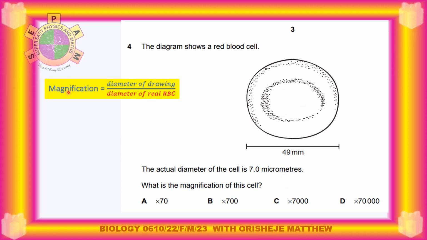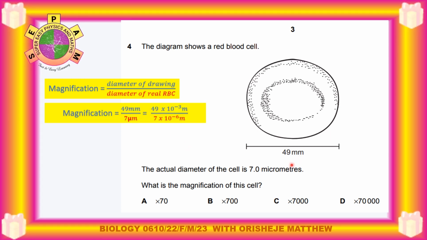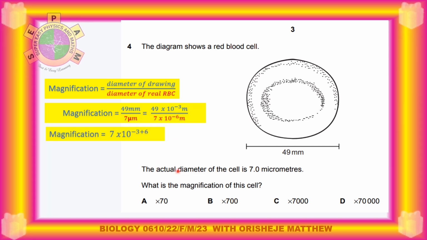So the formula for magnification is the diameter of the drawing compared to the diameter of the real RBC. So we'll have that. So substituting, you have 49 millimeter divided by 7 micrometer. So put the very unit there, then you divide. That will give you 7,000. So the answer is C.